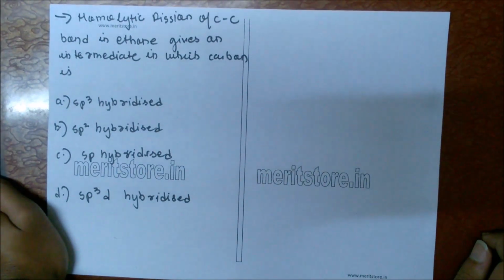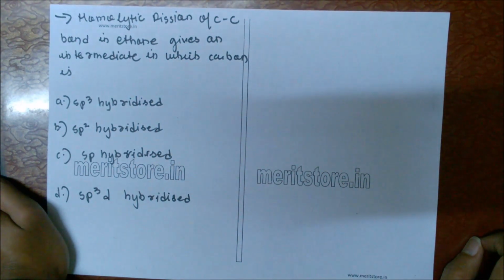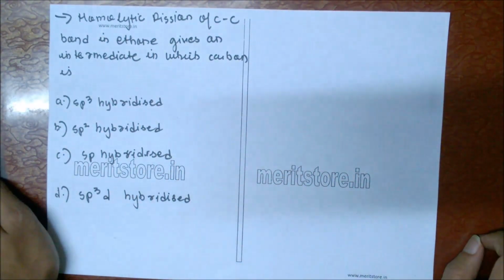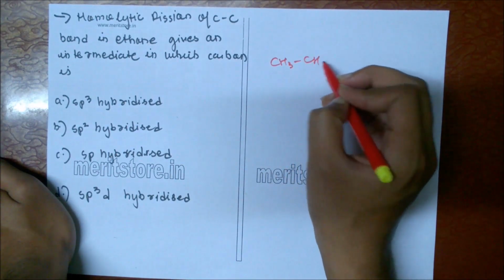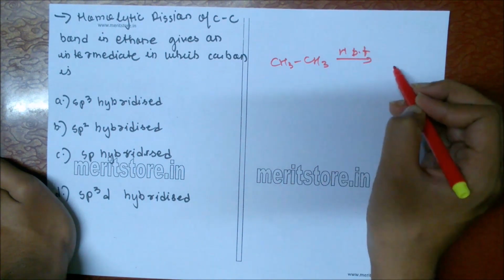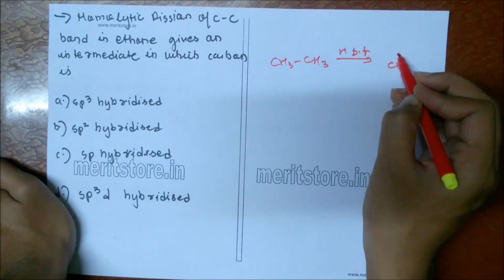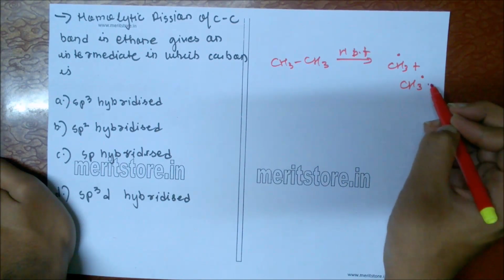Homolytic fission of the C-C bond in ethane gives an intermediate in which carbon is: A sp3 hybridized, B sp2 hybridized, C sp hybridized, D sp3d hybridized. Ethane, CH3-CH3, on homolytic bond fission gives CH3 free radical plus CH3 free radical.